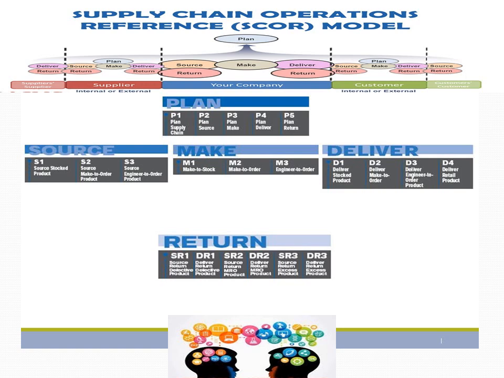These are the different options available when we set up our supply chain, so we can pick from here. This is like a guideline for our managers to develop sourcing, making and production, delivering and returns.